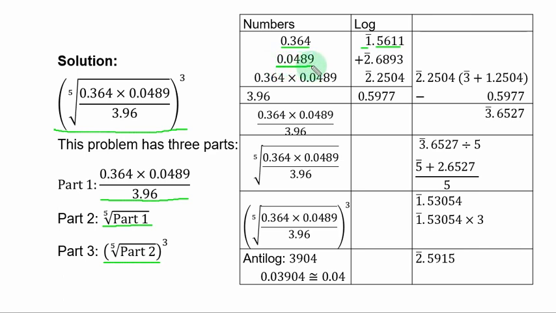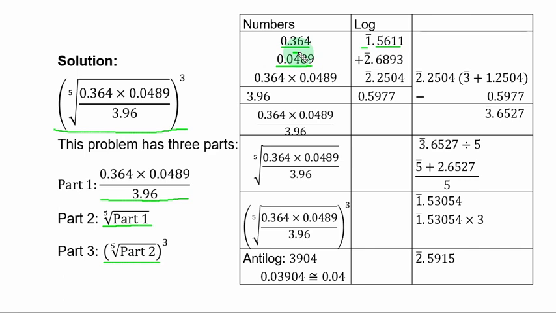The second number is 0.0489. I want to get the characteristic by using a shortcut. The shortcut is to count the number of zeros before the first non-zero number. The first non-zero number is 4. You have 2 zeros before it.